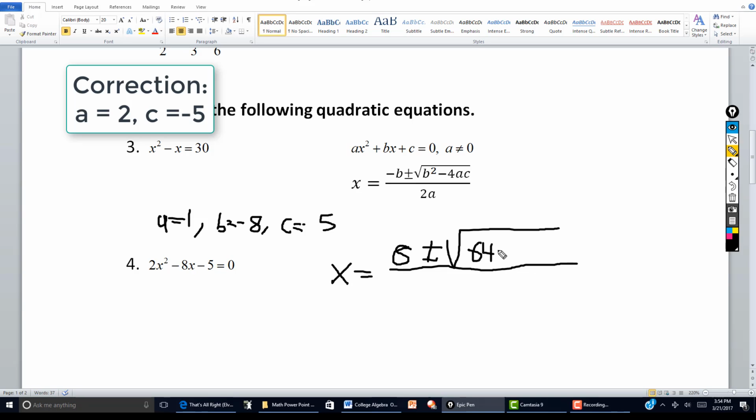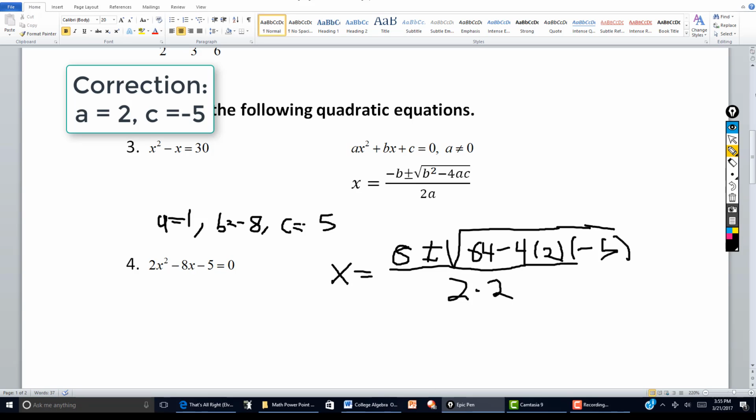Okay, minus 4, that's part of the formula, times a is 2, and then c is -5. And that's over 2 times a, which is 2.